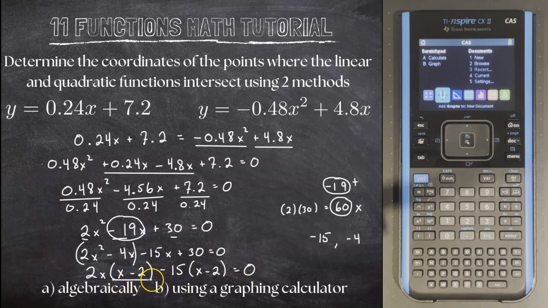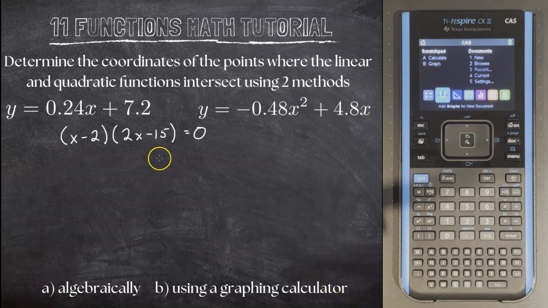And then we factor out our common x minus 2 factor. I've run out of room, so I'll write over here. We pull out x minus 2, and we are left with 2x minus 15 equals 0. Let me free up some space here. All right, so this is what we're left with.